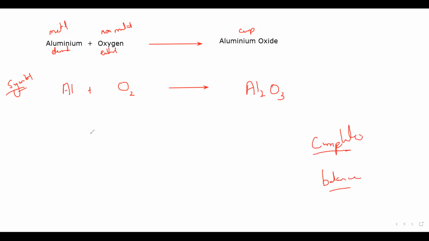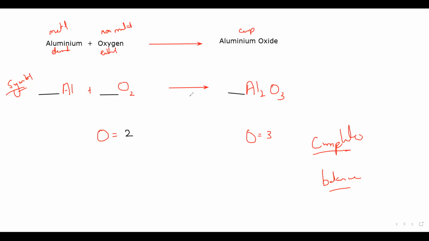To balance, how many oxygen do you see on the left hand side? There are 2 oxygen on the left hand side. And how many oxygen are there on the right hand side? 3.